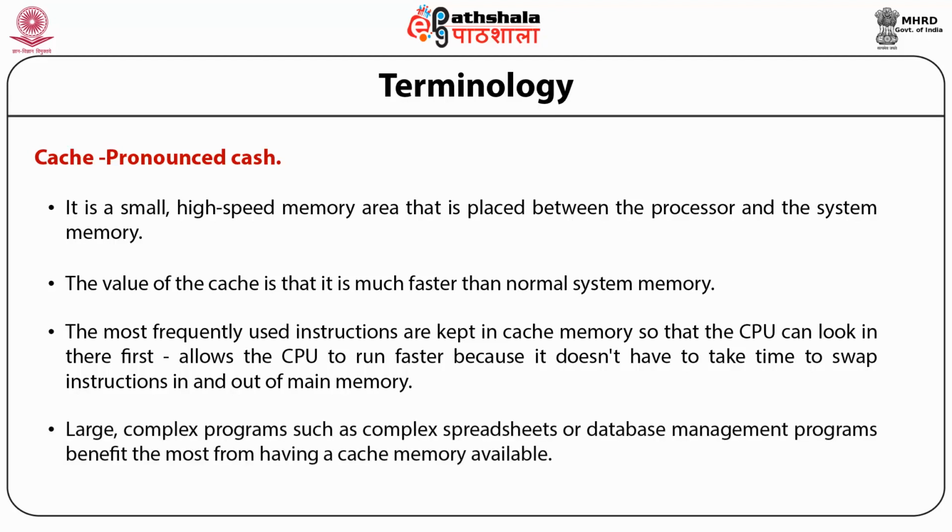Large, complex programs such as a complex spreadsheet or database management program benefit the most from having cache memory available. Pentium second-generation processors generally come with at least 512 KB of cache memory.